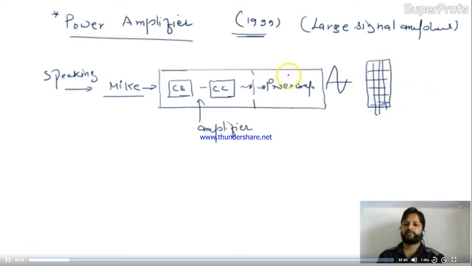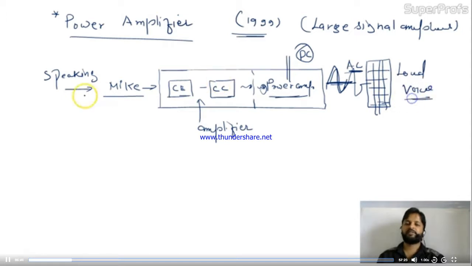This power amplifier will be biased by a DC source, so this small signal will become very large, or I can say it will be powered by this DC supply, and the output will definitely be AC. At the output stage it will be AC, and this AC will run the speaker and we will get a loud voice over here. At the input stage the voice was very small, but here it has become very loud.